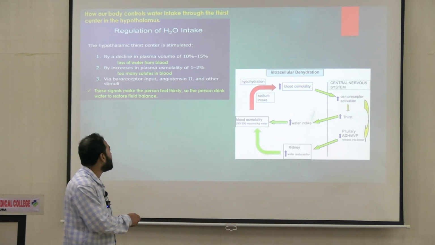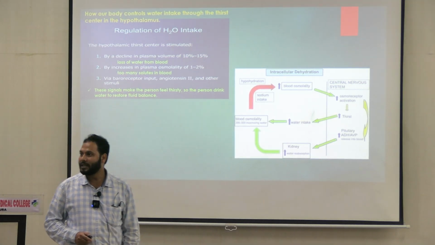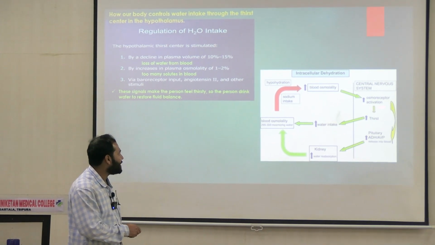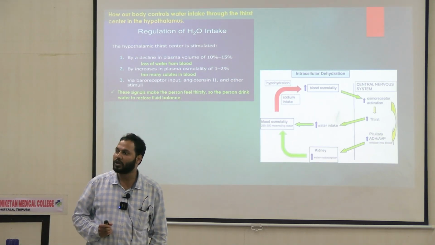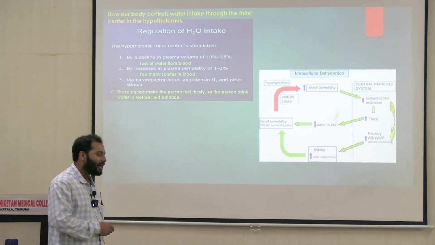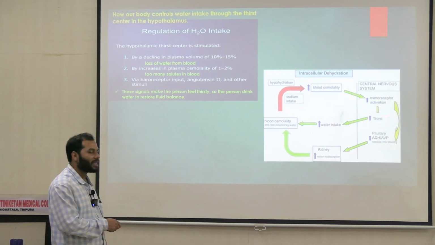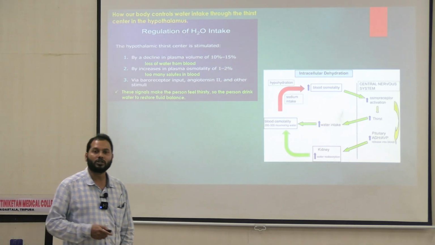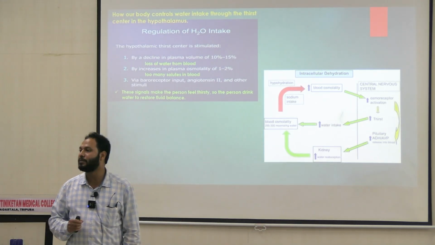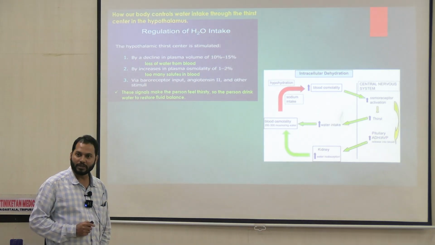An increase in blood osmolarity stimulates the receptors present in the hypothalamus, the osmoreceptors, and activation of these osmoreceptors ultimately acts in two different paths. One is the stimulation of the thirst center, another is the stimulation of the pituitary to release a certain hormone called ADH or vasopressin.